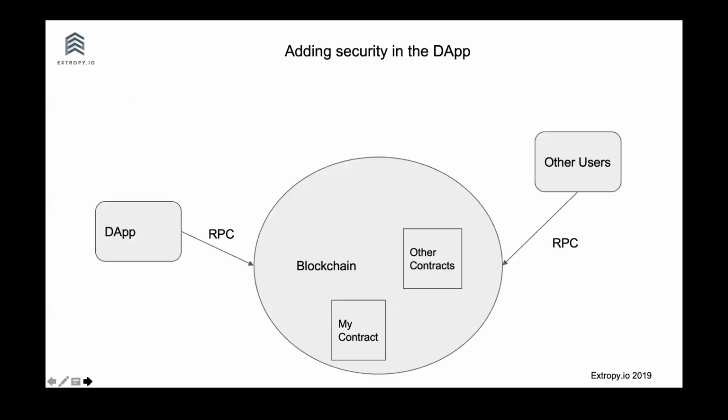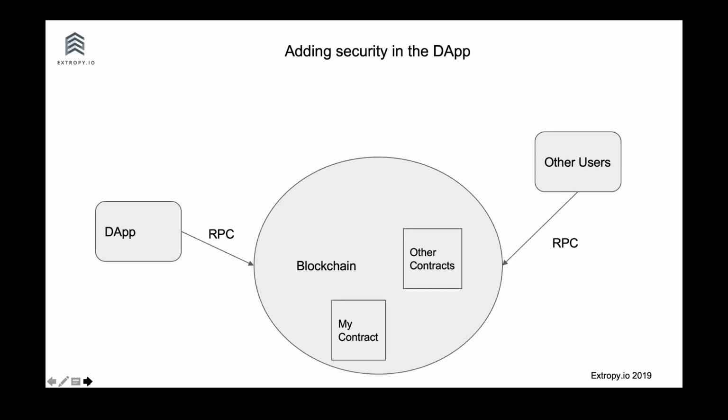Okay, so another idea you need to think about is often people will add security into the dApp. So they will have some front end that is calling their contract. And maybe they will put some security into that, which is fine in itself. But you should be aware that that is not the whole story.